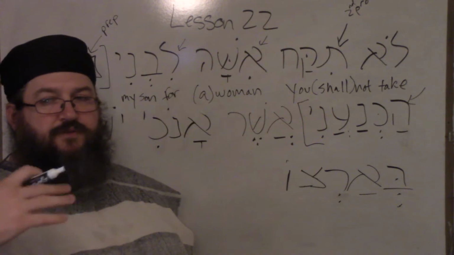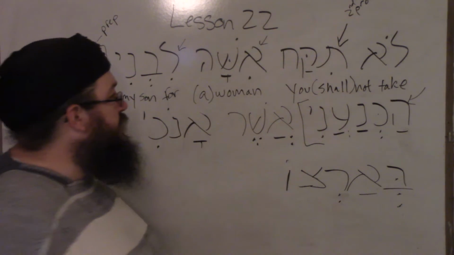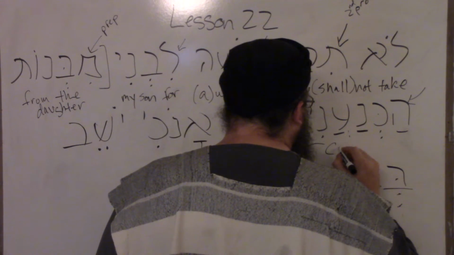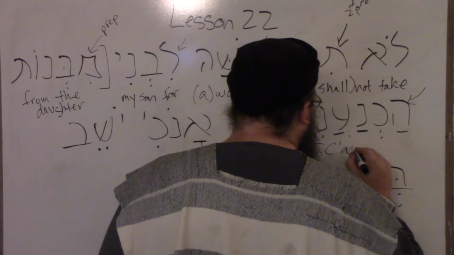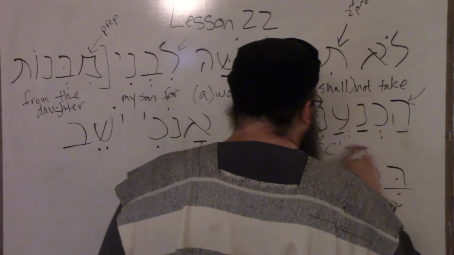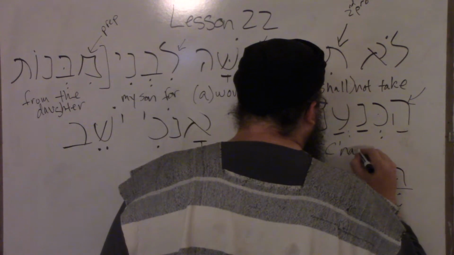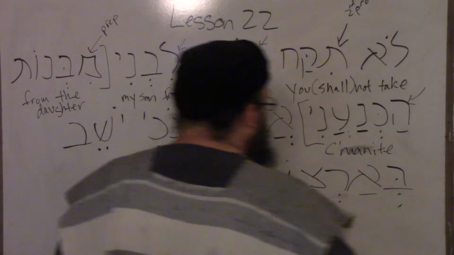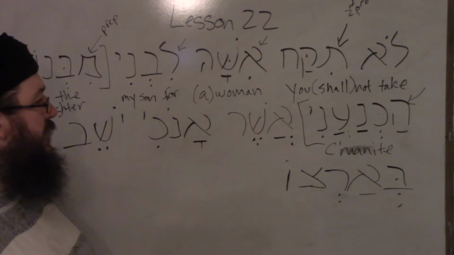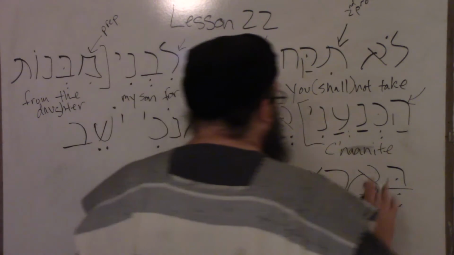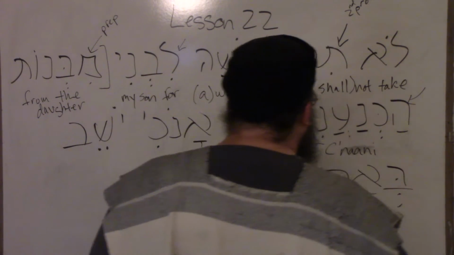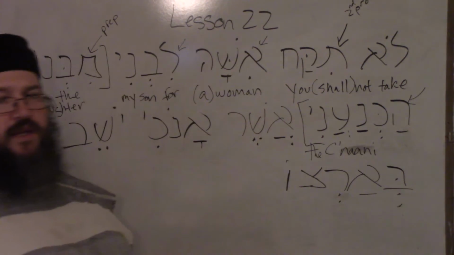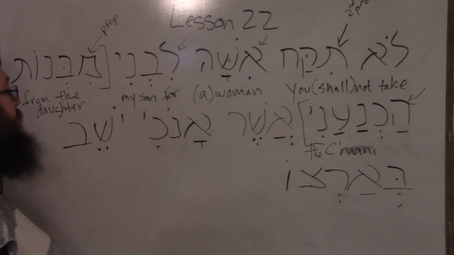It's a specific family and genealogy called the Canaanites. So Canaanite, or Canani, if you wanted to write it that way. So here we're saying the because it's defining the actual race of people.